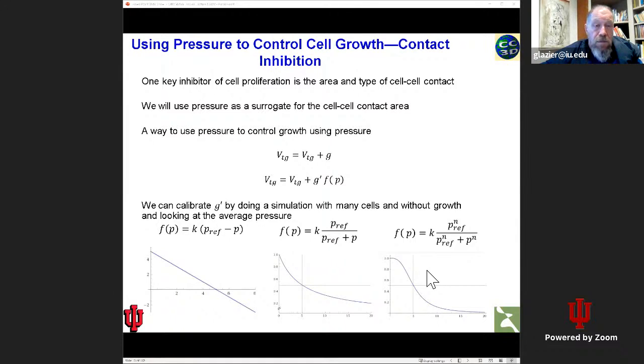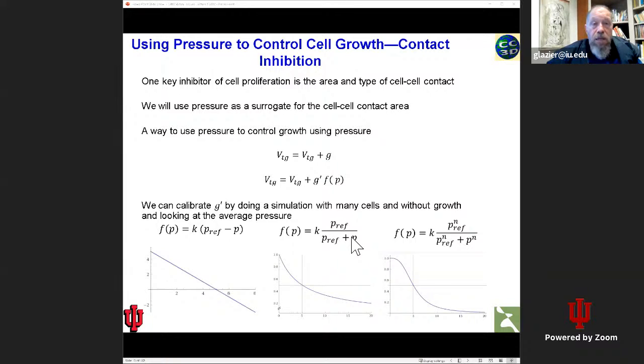We have this semester talked about Michaelis functions and Hill functions. One of the things that you do a lot in computational biology is you want situations in which values are bounded and either go up to a maximum value or down to 0 in a controlled way. The functional forms you typically use look like the one in the middle here, Pref over Pref plus P. If P is 0, I have Pref over Pref, which is 1.